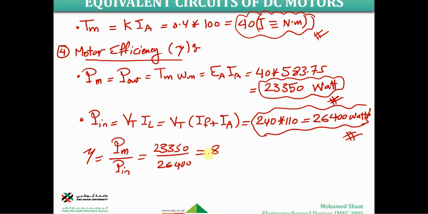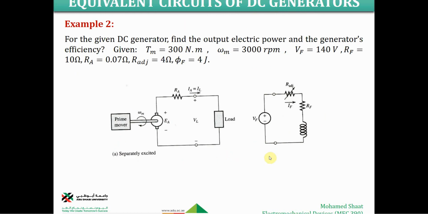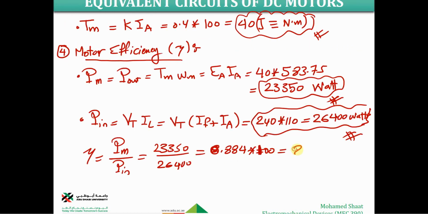Doing the calculation, we end up with 0.884. If you multiply times 100 to convert into percent, this is going to be 88.4%. This gives us the efficiency of the electrical motor as it was required.